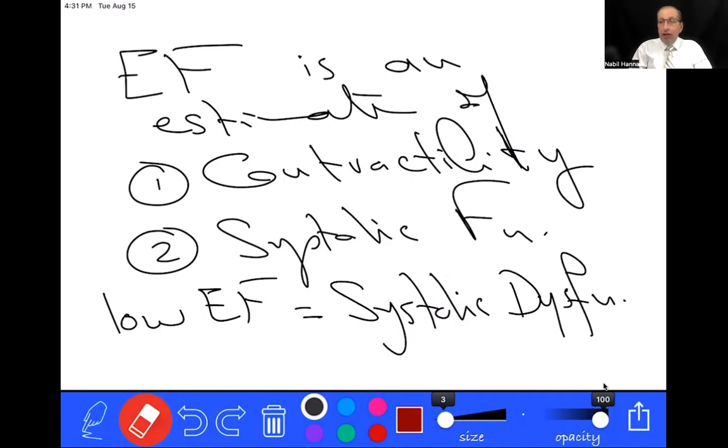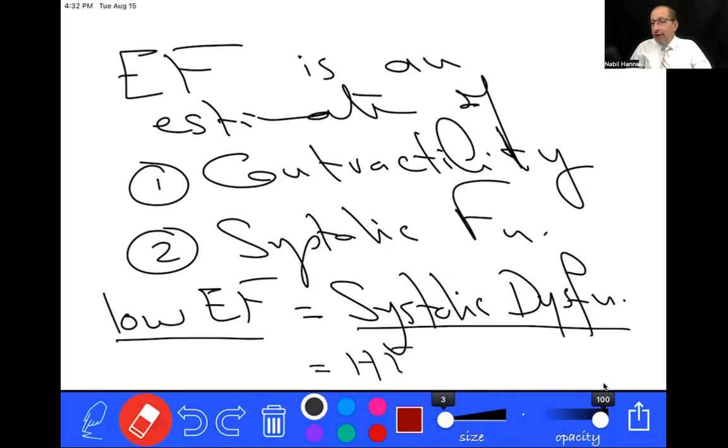So the ejection fraction is only an estimate of the systolic function, contractility of the heart, which means low ejection fraction means systolic dysfunction, which means what? Heart failure with systolic dysfunction. And we can also call it heart failure with reduced ejection fraction.